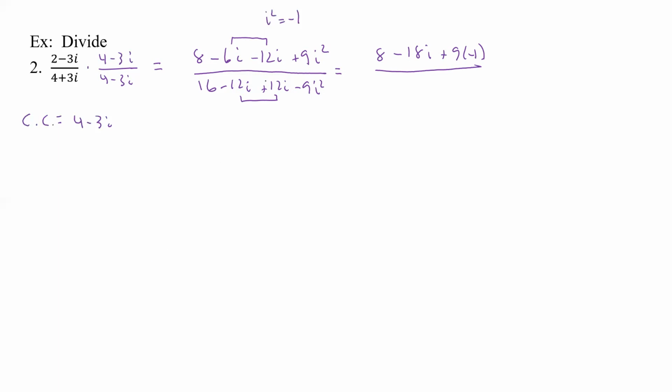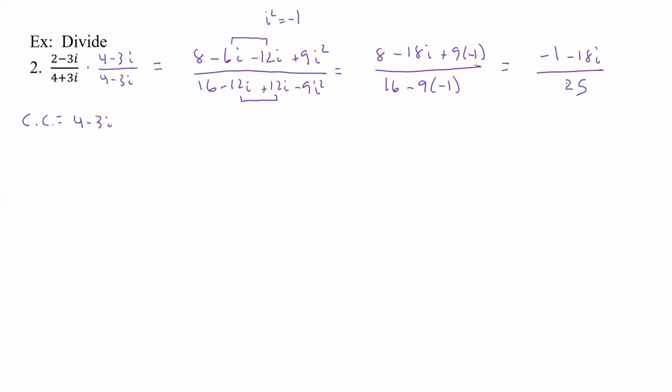That cancels that, so we're out of i's, and so we have 16, and we have minus 9 times negative 1. Okay. Well, what can we do here? Well, it's going to be 8, and then basically minus 9. 8 minus 9 is going to give me a minus 1, and then minus 18i over. Here, a negative times a negative is positive, so we have 16 plus 9, which is 25.